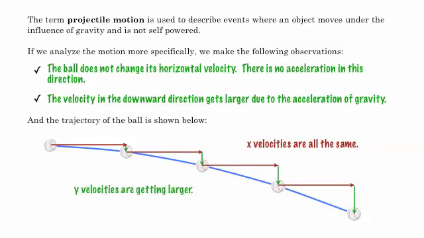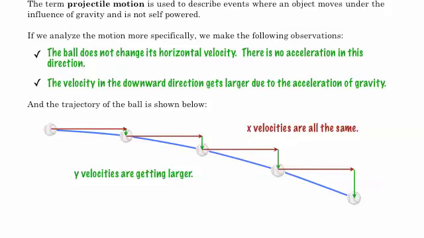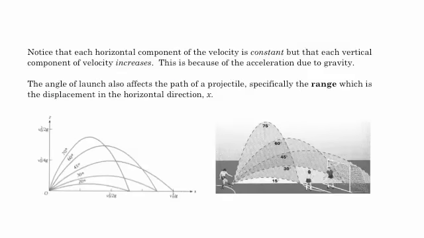Well, they start getting larger in the downward direction because we have an acceleration from gravity that's downwards. What we want to notice is that each horizontal component is constant, but each vertical component of velocity increases. And of course, we've said before, that's due to gravity.